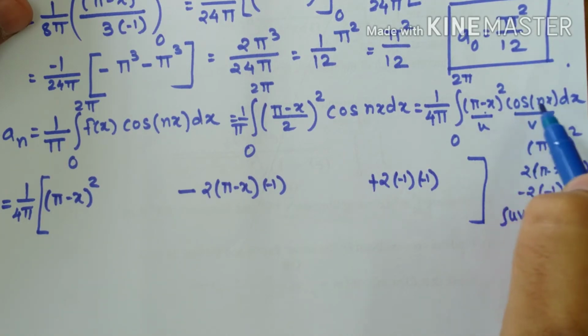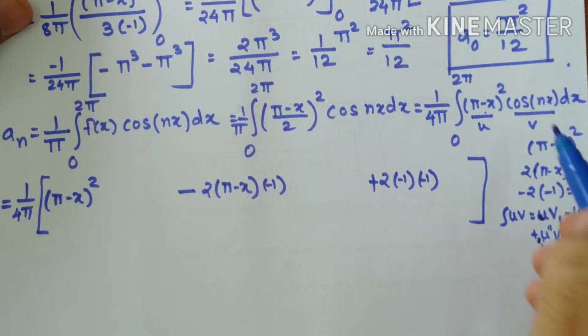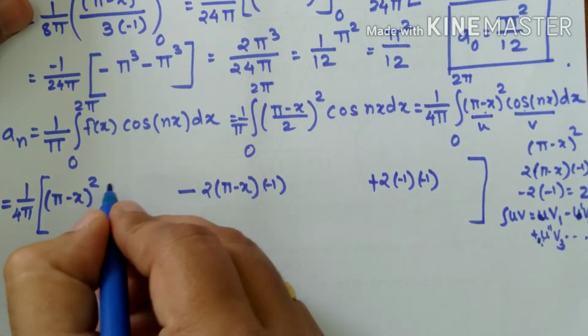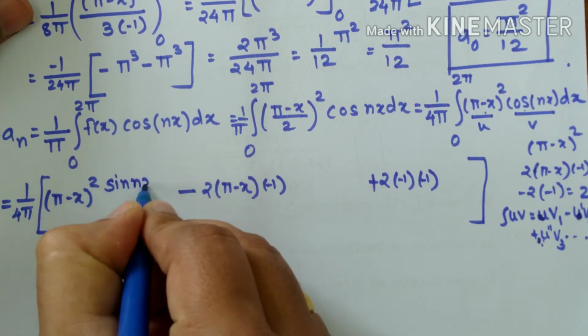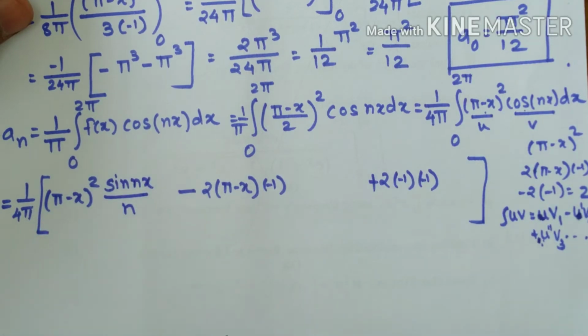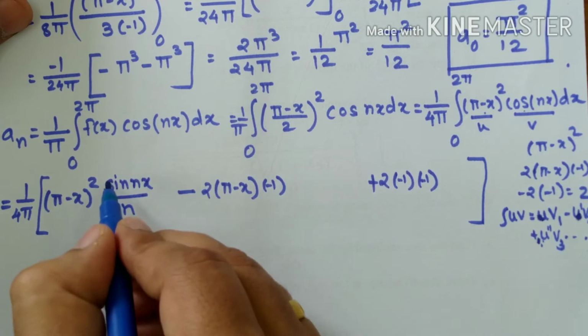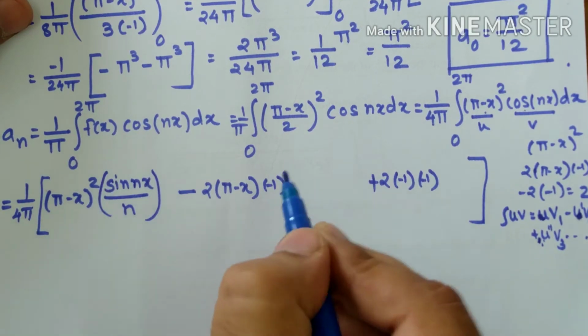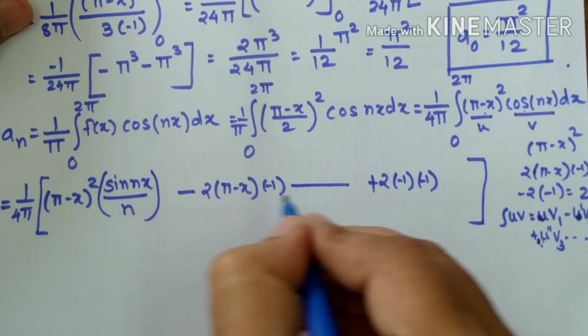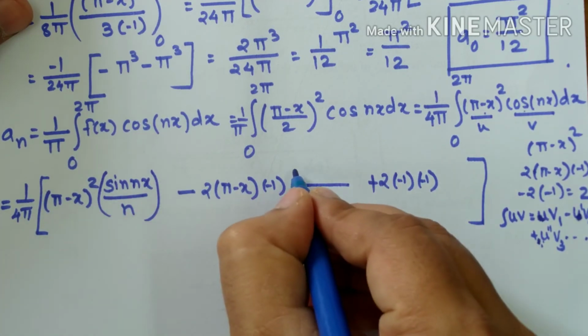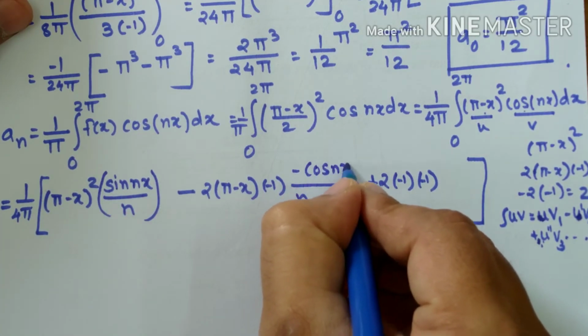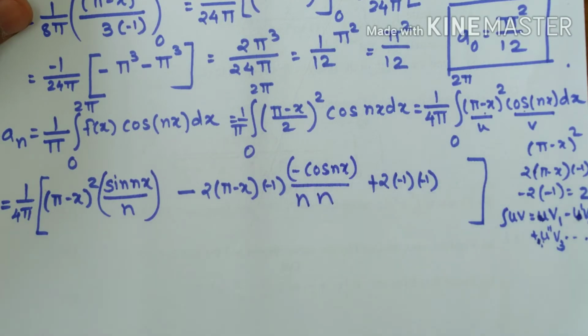Now v. What is the integration of v? The first term is v1, which is nothing but the integration of v. What is the integration of cos nx? Integration of cos nx is sin nx upon n. Next term is v2. v2 means the entire term v1 is integrated further. Hence this n as it is, integration of sin nx is minus cos nx divided by n.